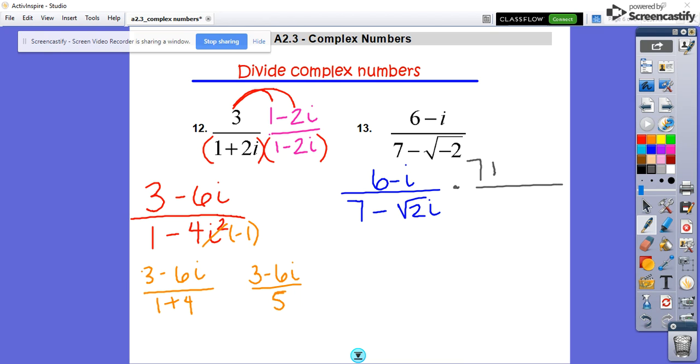So the conjugate is 7 plus root 2i. Okay, I'm about to stop talking and let you try. The top has to be FOILed. Okay, the bottom technically has to be FOILed, but you can leave the O and the I out because we know that they cancel. All right, you go.